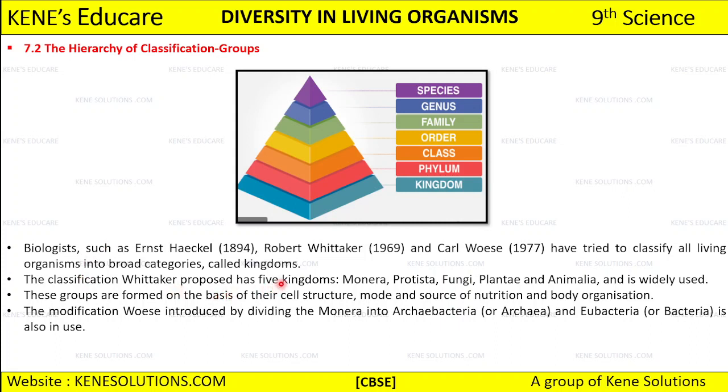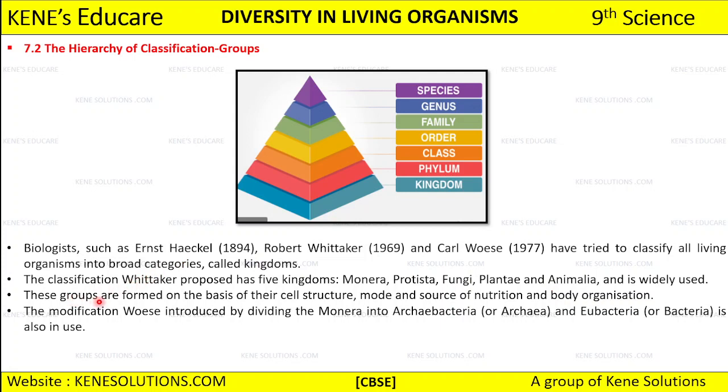How many kingdoms has Whittaker sir proposed? 5 kingdoms. We have kingdom Monera, kingdom Protista, kingdom Fungi, kingdom Plantae, and kingdom Animalia. So these are the 5 different kingdoms which are widely accepted. It is widely used as well.